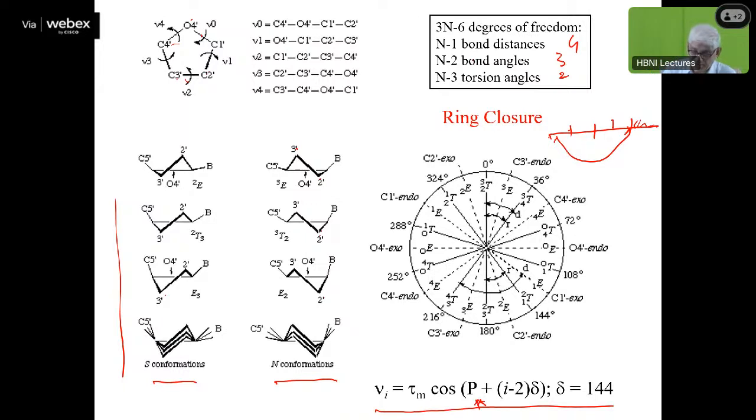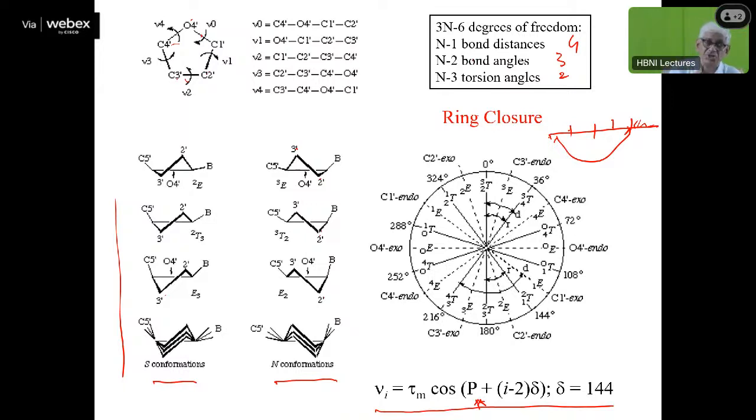Now, you represent all these various relative orientations schematically in a kind of circle, because P goes from 0 to 360. P goes from 0 to 360, and that will generate a whole lot of sugar torsion angles, a whole lot of combinations of nu0 to nu4. P is an independent variable, remember. P is one independent variable.